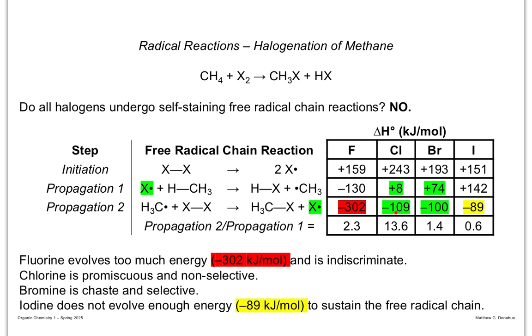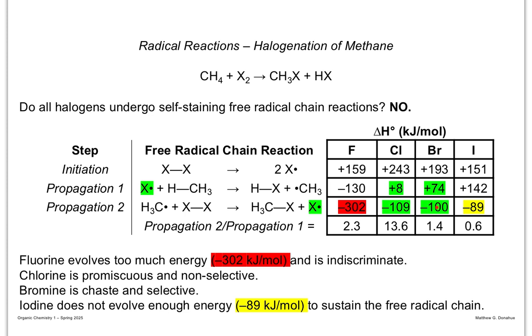For chlorine, as we said, the negative 109 is enough to meet the +8 required. It's about 13 point something times as much, but it still meets that demand. The bromine propagation step is endothermic by +74. Propagation step 2 is exothermic by -100.